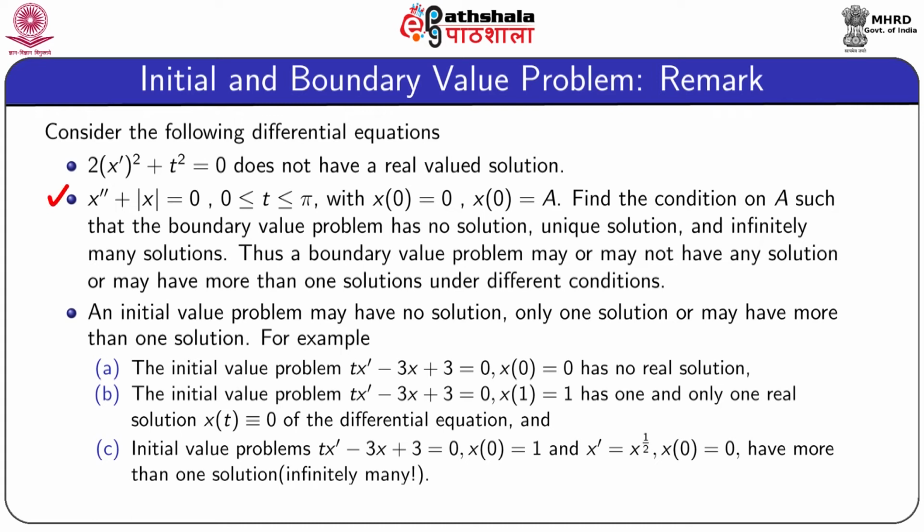Our second example, x double dash plus mod x equal to 0, where t lies between 0 and pi, and x(0) equal to 0 and x(pi) equal to a. If we are asked to find conditions on a such that this boundary value problem has no solution, a unique solution, or infinitely many solutions, the conclusion is that a boundary value problem may have a unique solution, may have no solutions, or may have more than one solution under different conditions.